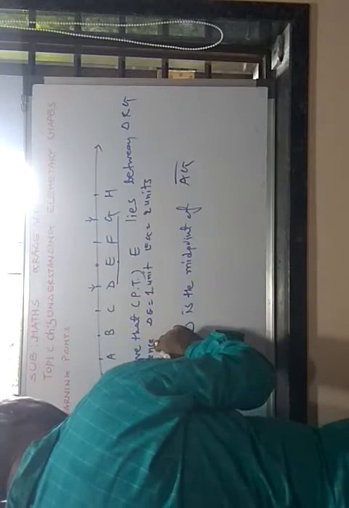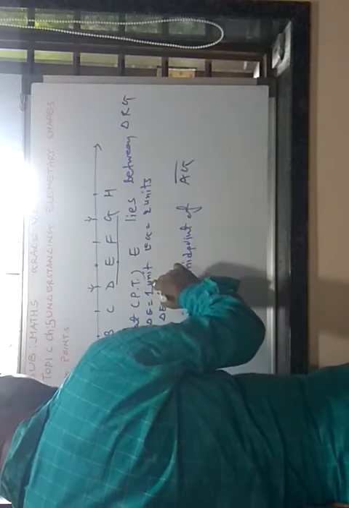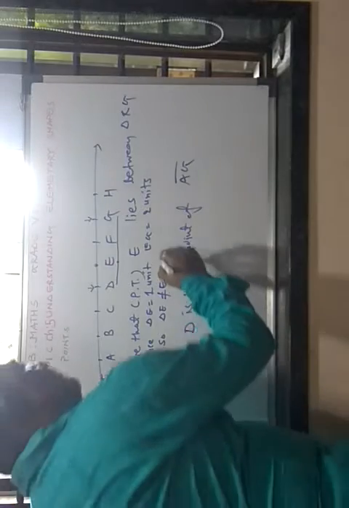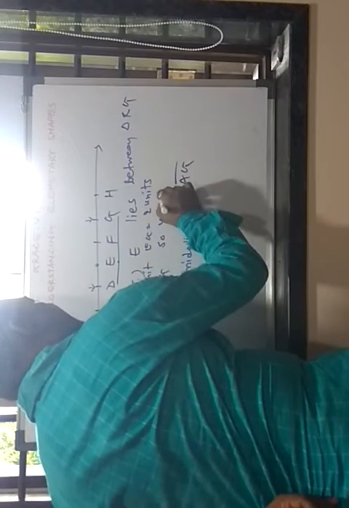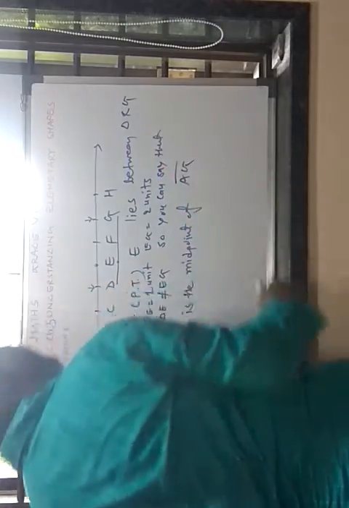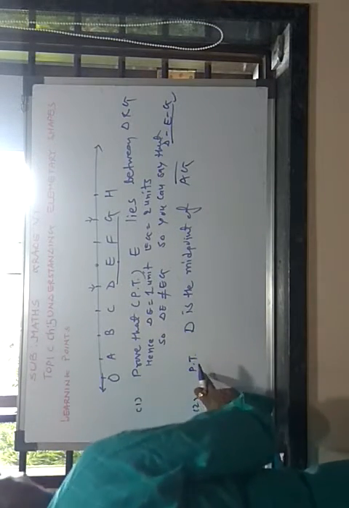So DE is not equal to EG. Here 1 unit, here 2 units. So you can say that E is not the midpoint of D and G, but it is lie between D and G. Okay, like this. Here you see, next example.